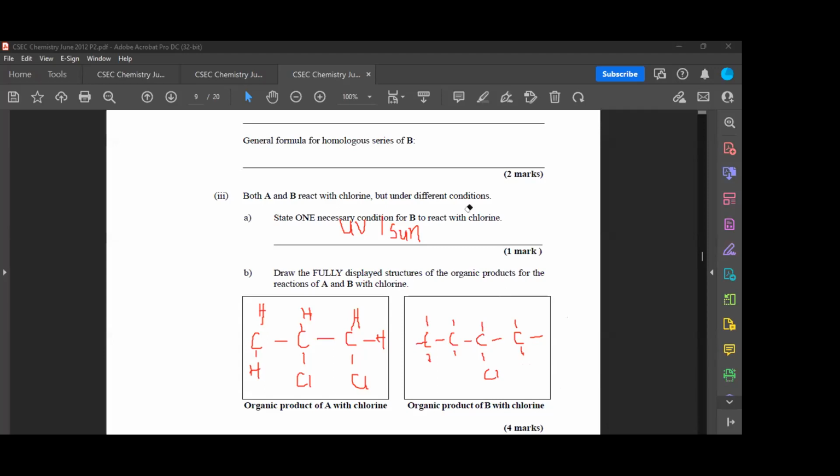So the alkenes will accept the 2 chlorine at the same time. But for the alkane, only 1 can be substituted at a time. And it really can be anywhere on the chain. Can go here, can go there.